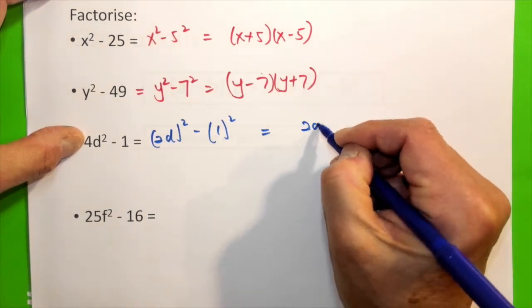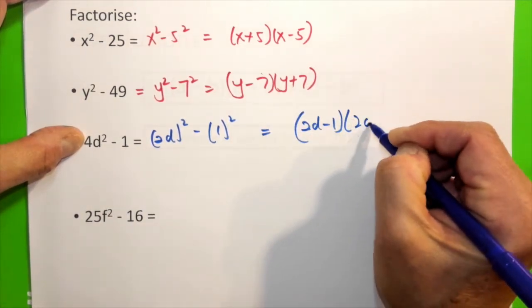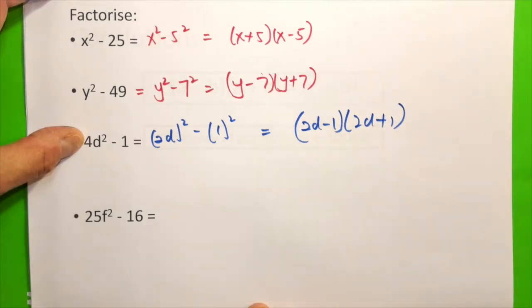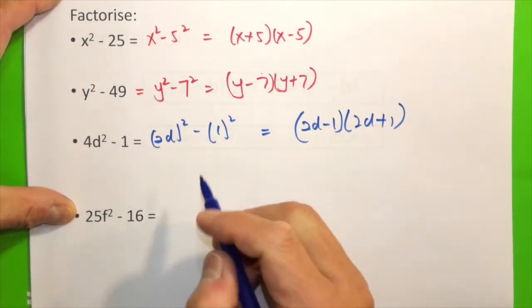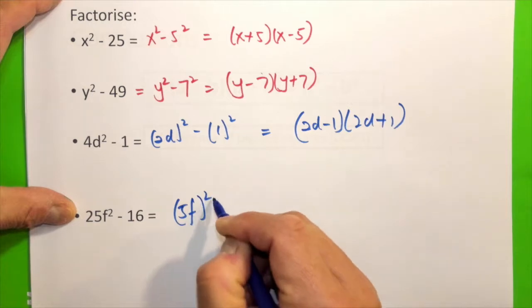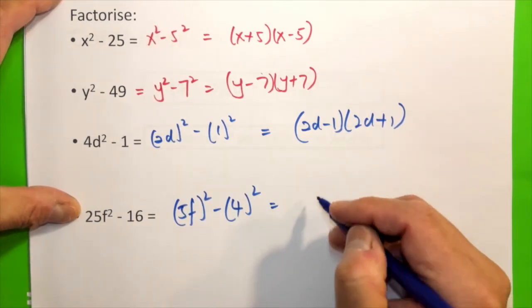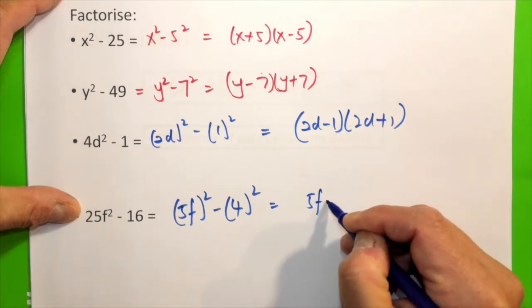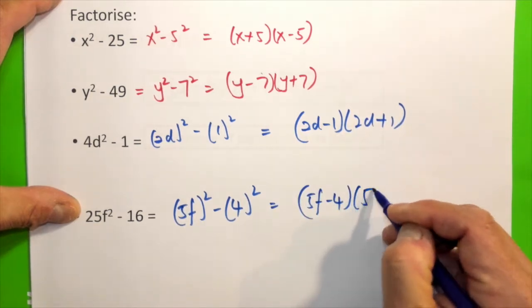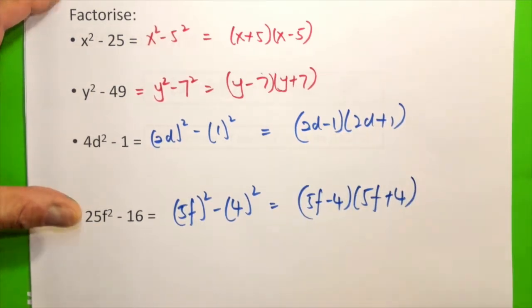Therefore, that is (2d - 1)(2d + 1). What about this one? This one is (5f) squared minus 4 squared. Therefore, that is (5f - 4) and (5f + 4).